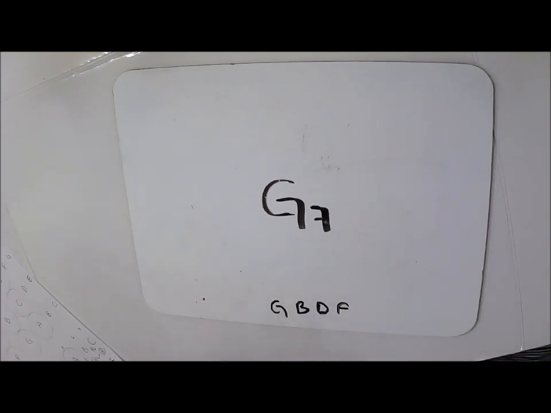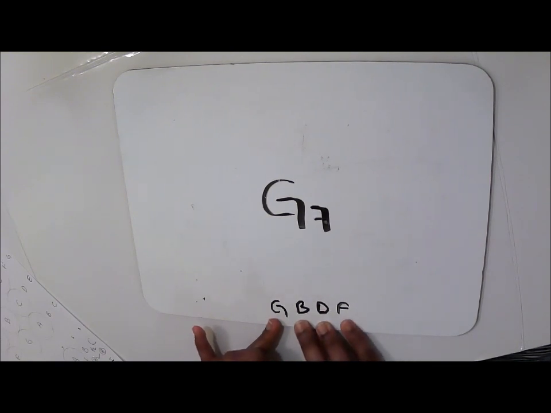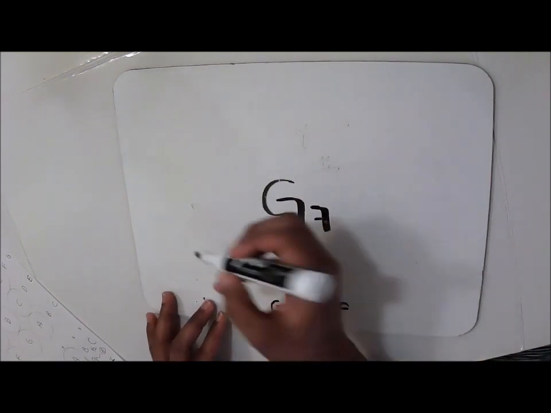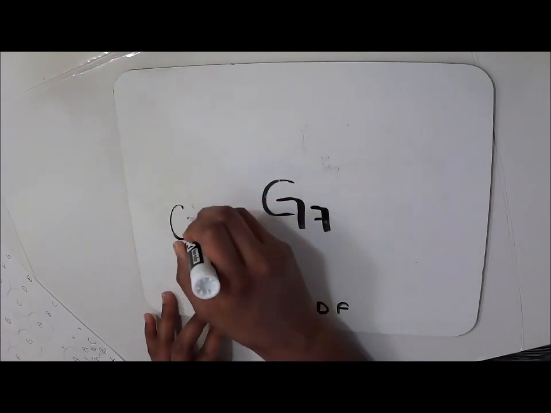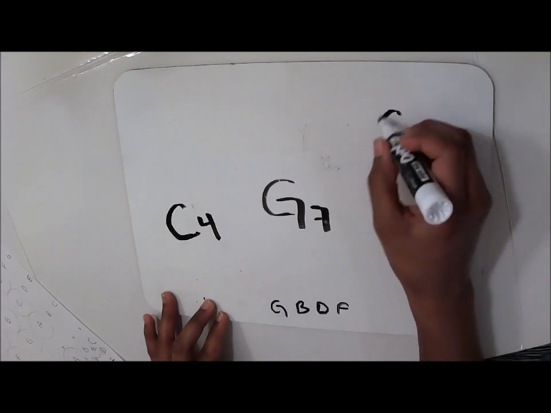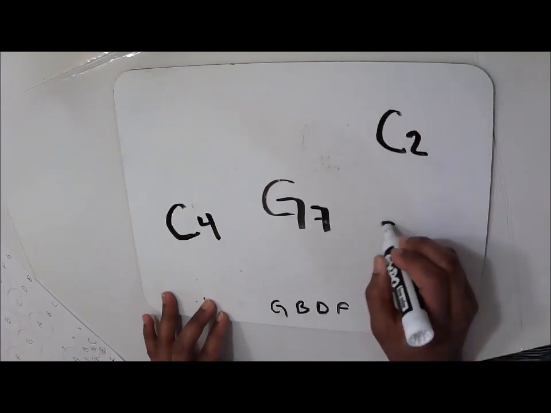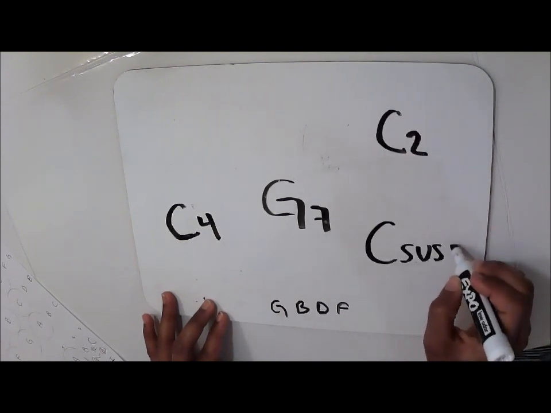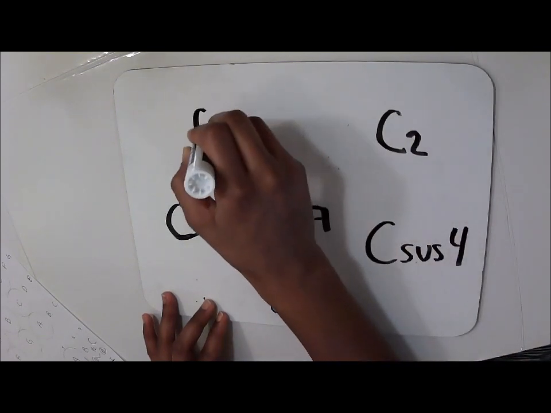If I'm on the piano, it would be just play a note, skip a note, play a note, skip a note, play a note, skip a note. Then you have other things like a C with a 4, or a C with a 2. Sometimes they put a sus 4, or sus 2 on any chord.